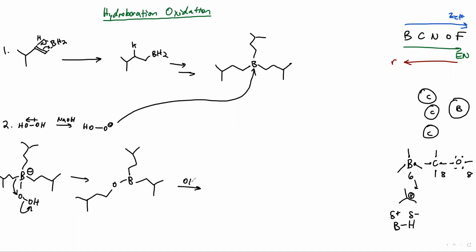Well, we're not quite done here yet. That OH minus that just fell off is going to reattack the boron because it's electrophilic. It will form, again, that anionically charged boron that doesn't like to exist. And how does it resolve itself now?